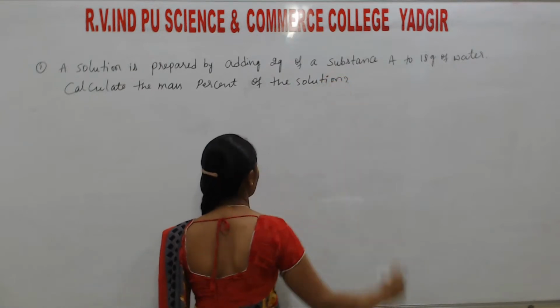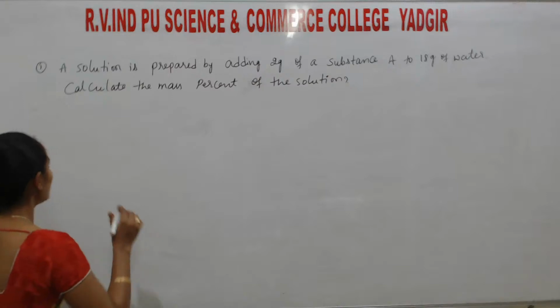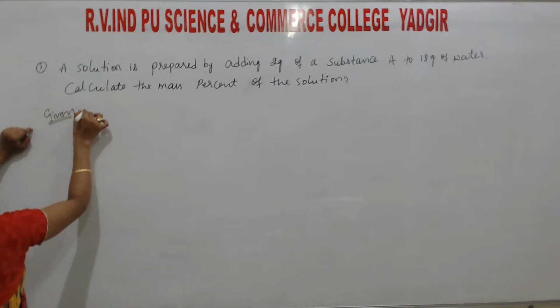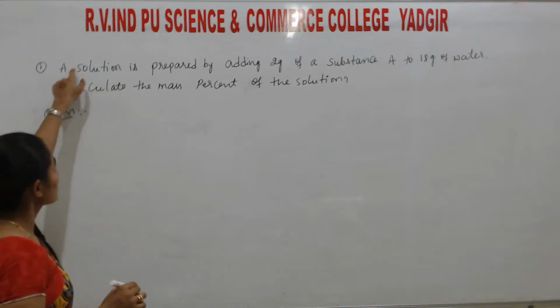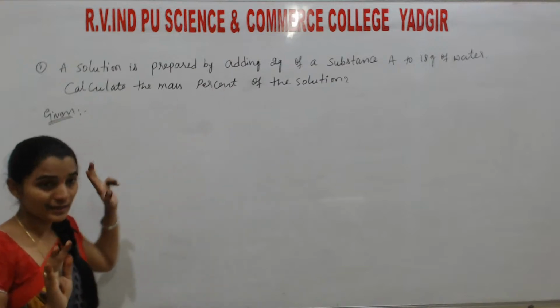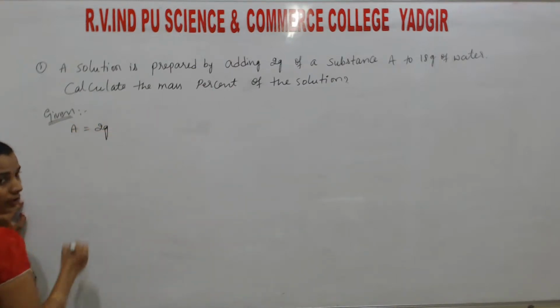So students, no doubt in this, they directly asked mass percent. First you write the given. The solution is prepared by adding 2 grams of substance A. A is 2 grams.